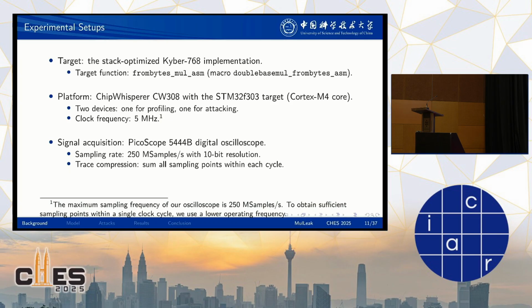We use a PicoScope 5444B to record the signal with a sampling rate of 250 megasamples per second, with 10-bit resolution. In terms of trace compression, we sum all sampling points within each cycle to calculate the cycle-level power consumption.